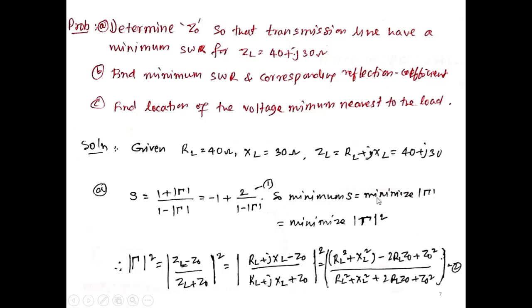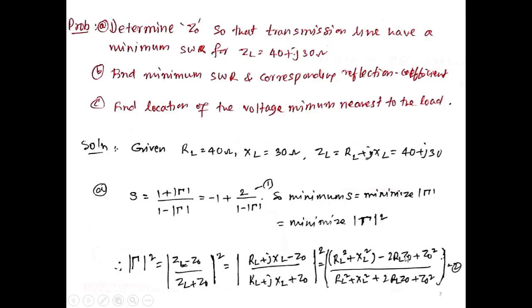So for the minimum S, you have to minimize gamma, that is the reflection coefficient term, so you have to square the reflection coefficient term. Therefore the reflection coefficient square is given by magnitude of ZL minus Z0 divided by ZL plus Z0, whole square. Then you substitute the value of ZL minus Z0 and ZL plus Z0. We get here RL plus jXL minus Z0 whole divided by RL plus jXL plus Z0 whole square.